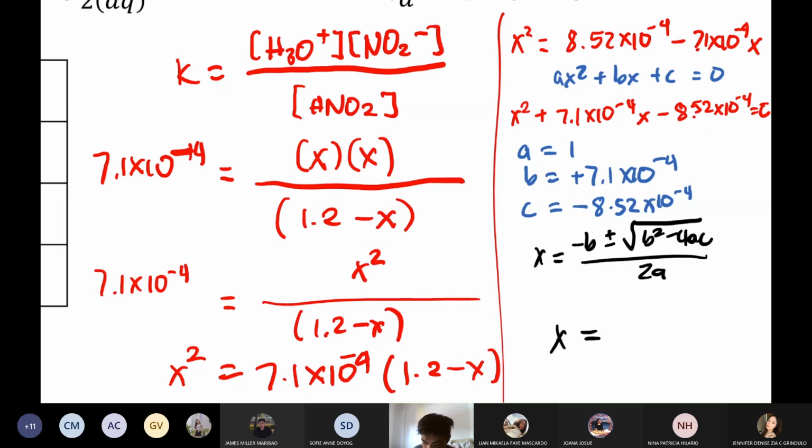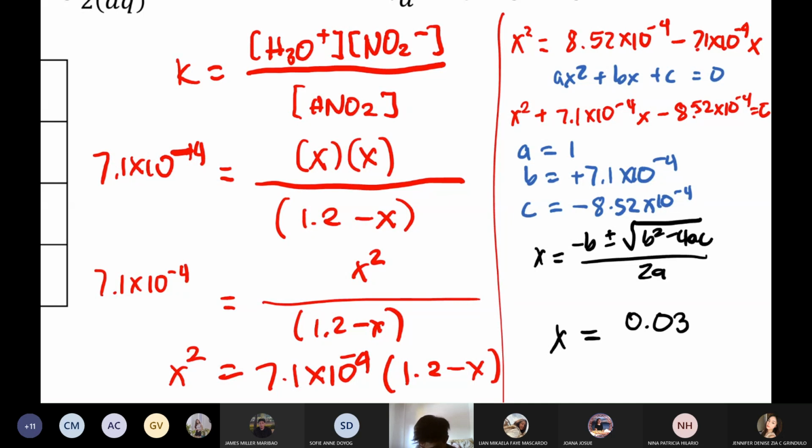Okay? So, the A is 1. B is 7.1 times 10 raised to negative 4. C is negative 8.52 times 10 raised to negative 4. So I will get the x value equal to 0.03 molar.